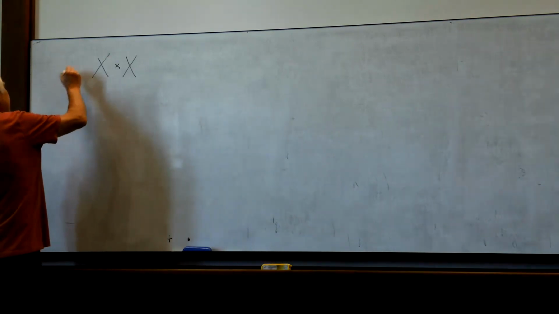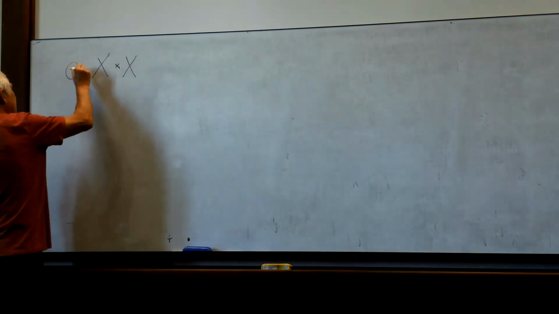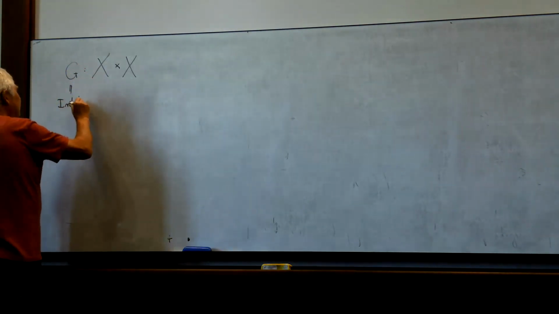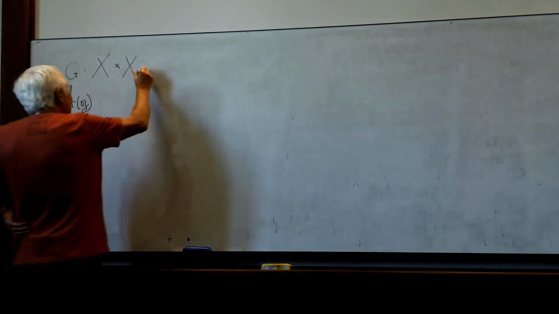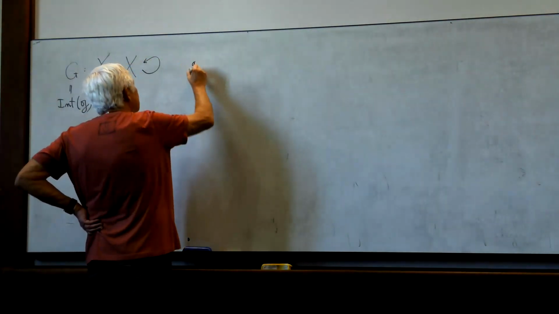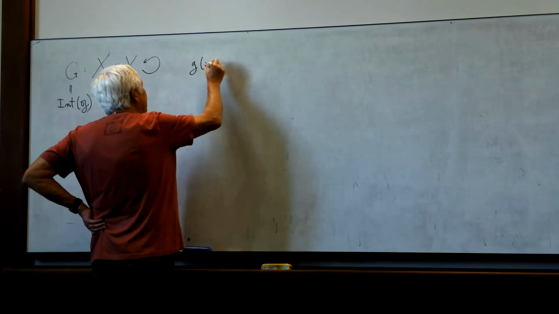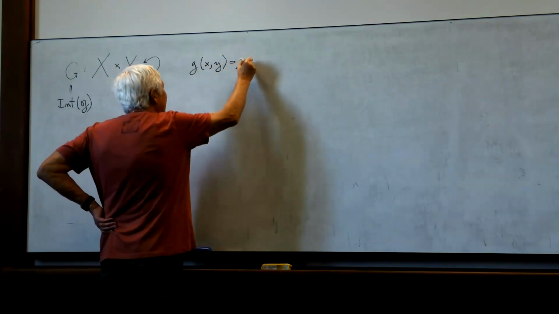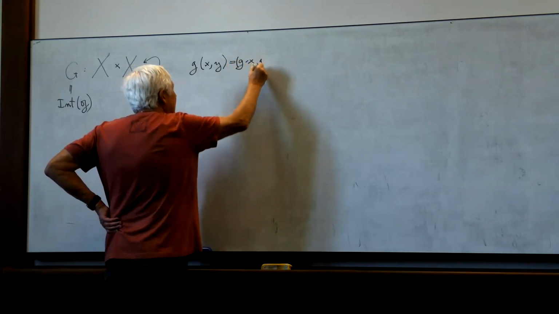So let's look at the two varieties, X and Y, with an action of G, and this is the action functor, G X, the Y is E of X G.